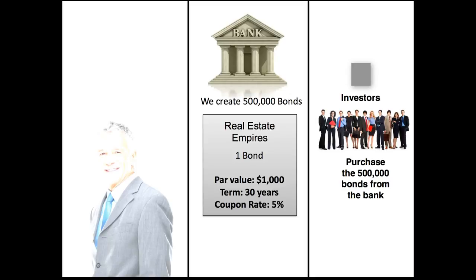And then, and this is also a very important part, at the very end of that 30 years, they'd receive their $1,000 par value investment back. And that would be paid by Jack's company. So Jack's company would also be making that coupon payment of that 5% each payment. So after the bank sells off that bond, the relationship at that point is now between Jack and the investors.